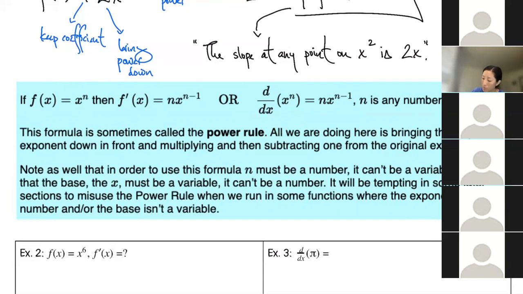And in this case, it's important to note that n is any number, all right? Now, this formula is sometimes called the power rule. All we are doing here is bringing the original exponent down in the front and multiplying, and then subtracting 1 from the original exponent.